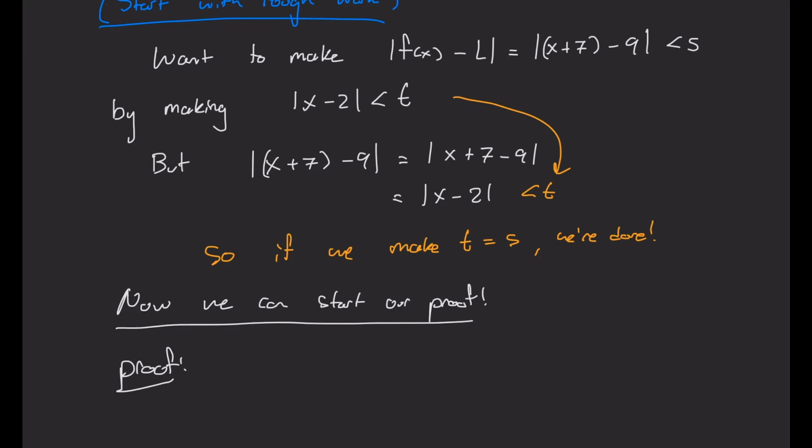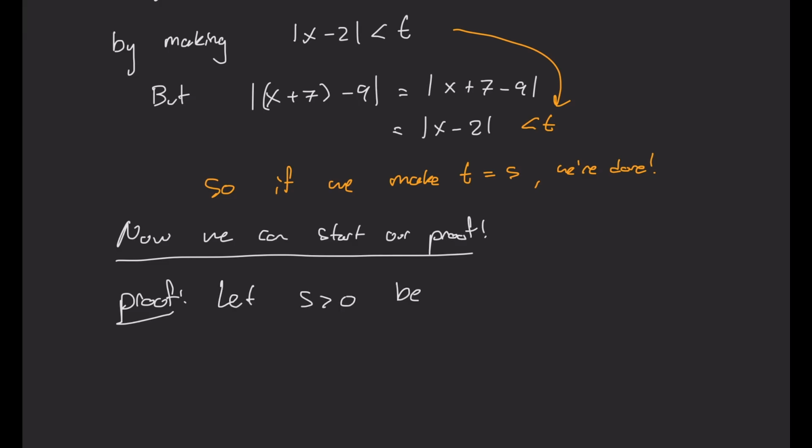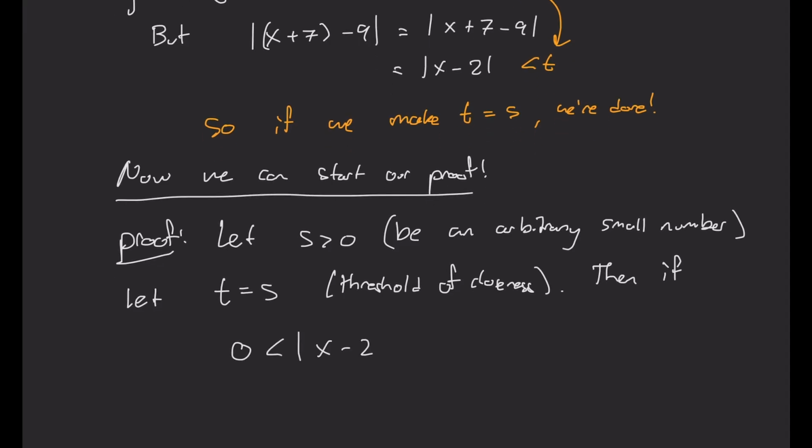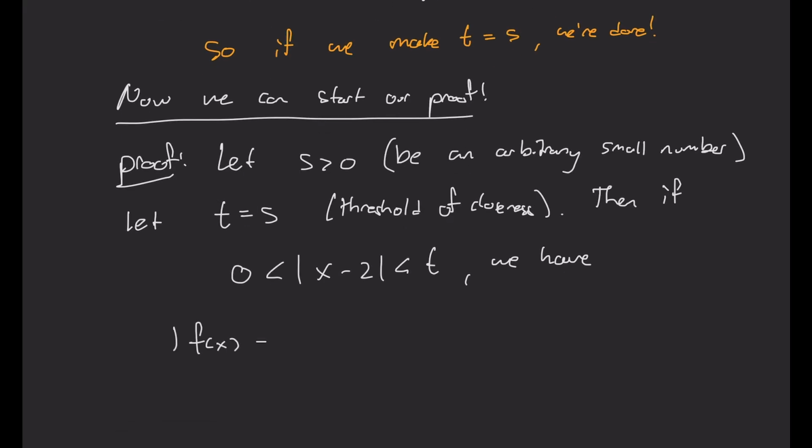So now let's start our proof, because I think we know how we should do this. Okay, so proof: let s be greater than 0, and that's going to be our arbitrary small number. Then we're going to take our threshold of closeness t to be equal to s. Then, if the absolute value of x minus 2 is less than t and greater than 0, then we have that the absolute value of f of x minus L is the absolute value of x plus 7 minus 9, which as we saw above is just the absolute value of x minus 2, but we were assuming that that's less than t, and we took t to equal s.